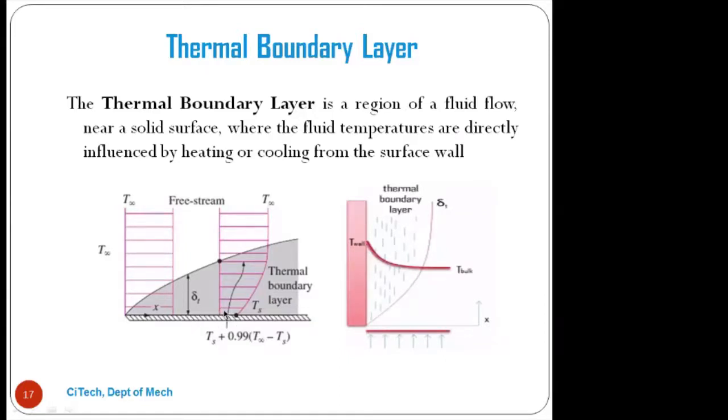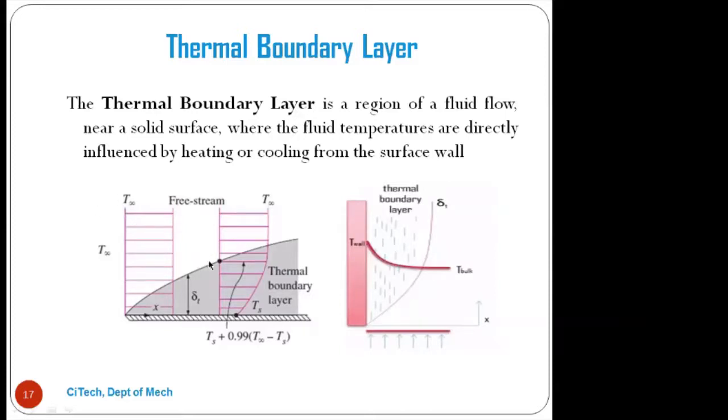At the junction where the fluid meets the contact surface, the temperature is maximum. As the vertical distance increases, the temperature goes on decreasing until it approaches the mean stream temperature of the fluid flow.